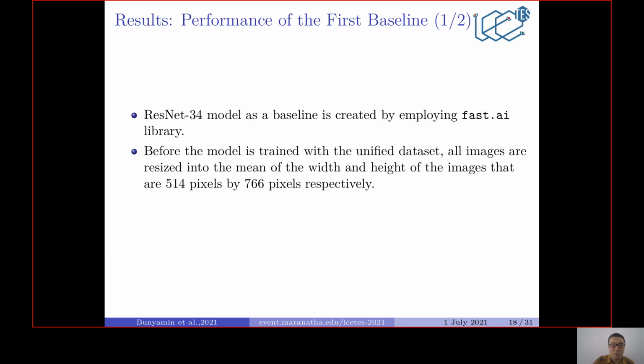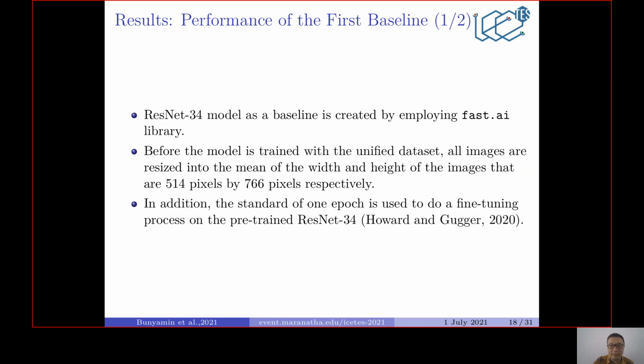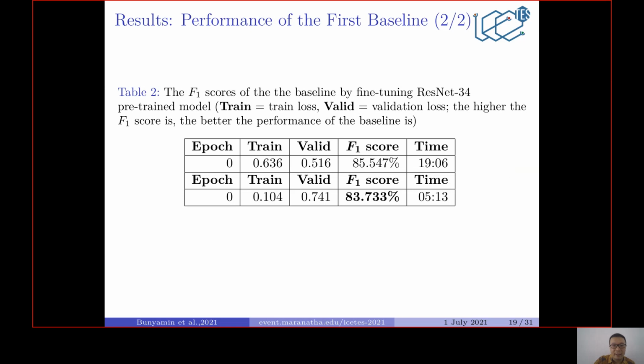And this is the performance of our baseline. The first epoch is when we fine-tune, when we want to find the learning rate using the cyclical learning rate technique, and then we train again, fine-tuning.